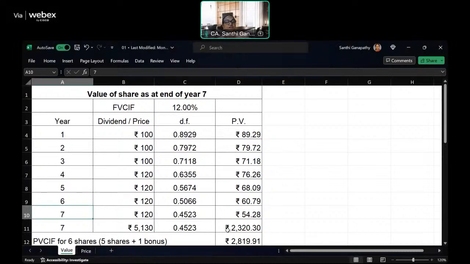So we have the present value of cash inflow for 6 shares to be 2,819.91. Is this clear?